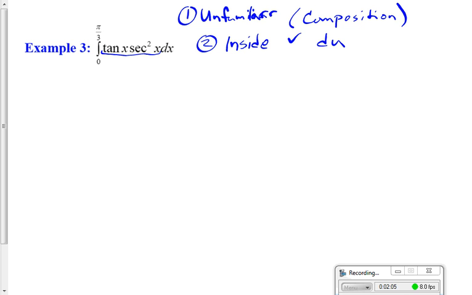Let's play. We've got two options, right? u could either be tan x, or u could be secant x. Good so far? What's the derivative of tan? What's du here? Secant squared x, right?